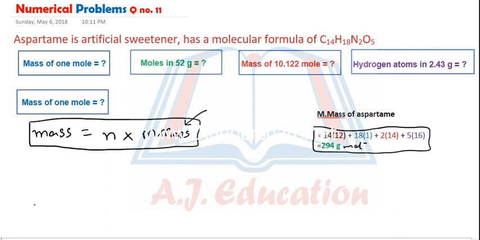Alright, we can determine the mass of aspartame. Number of moles, we are already given the number of moles here, 1 mole of aspartame, and the molar mass of aspartame is 294. So the mass of aspartame in 1 mole should be 294 grams.